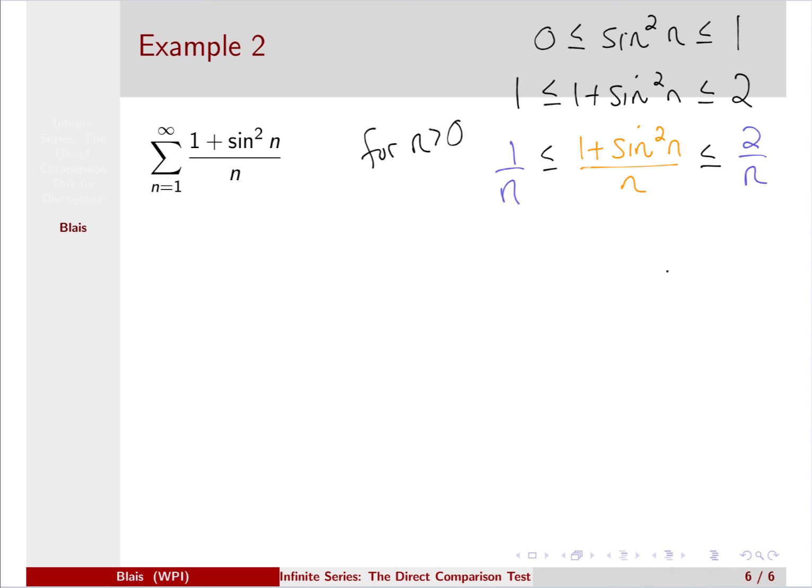But recall, we are thinking this series diverges. So we have to pick the smaller one. So this is the one that we want.